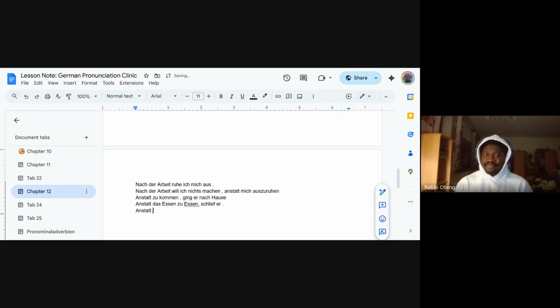Instead of sitting, anstatt zu sitzen, he stood the whole time, die ganze Zeit, the entire time. So you can use anstatt zu. It's used with zu.